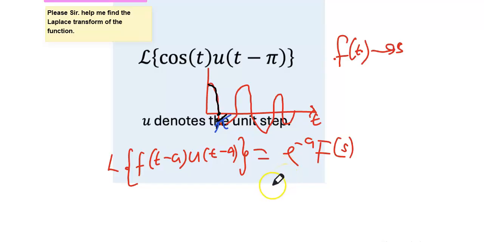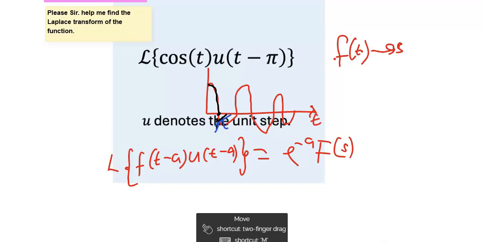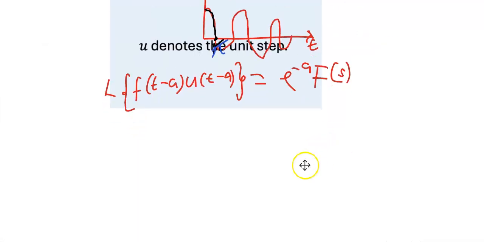So let me give the cosine a phase shift of pi. This is our function, but I want to give that a phase shift of pi. So what you will observe is that we will have the Laplace of this cosine.